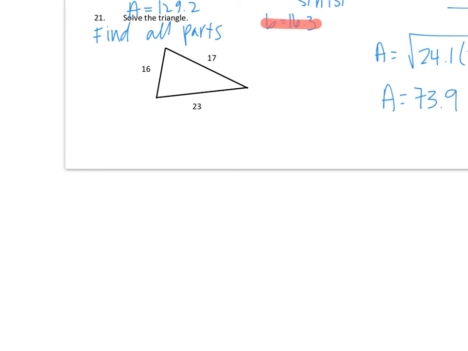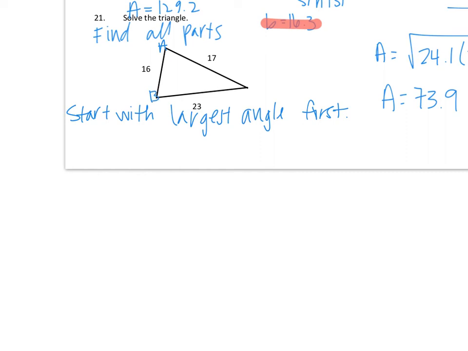So remember, we need to start with the biggest angle. I'm going to label these just for simplicity. I'm going to call that A, and down here B, and over here C. And then the opposites are the lowercase letters.